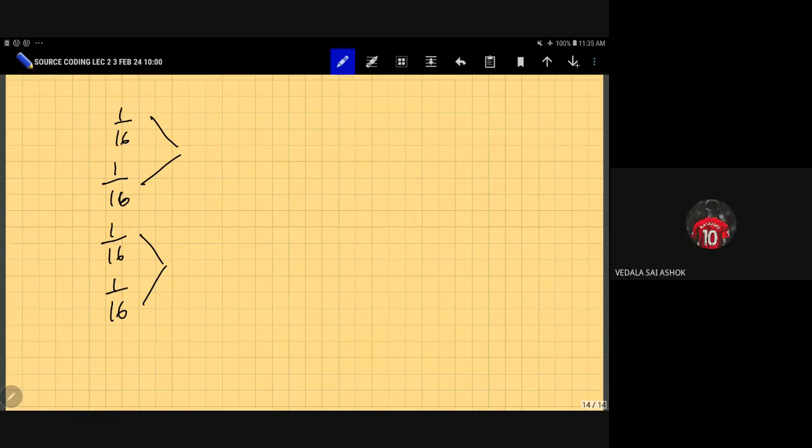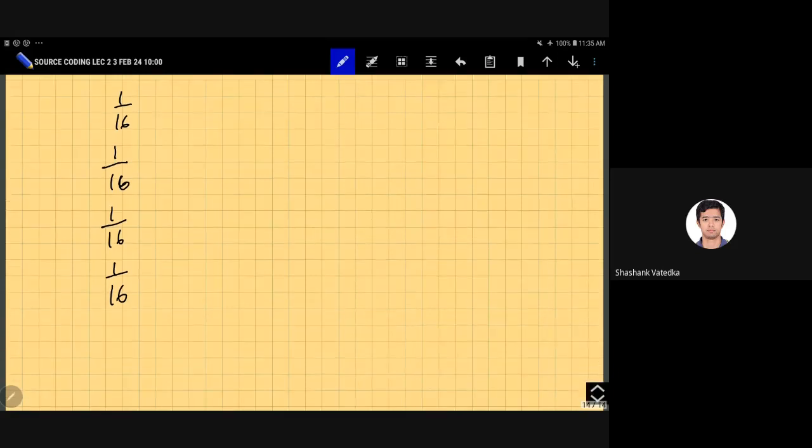Yeah, and after that, sir, we will get the super symbol 1/32. After that, do we merge the super symbol or do we merge these two? So let's see. Go back. Okay, so I have 1/16, 1/16, 1/16, 1/16, and the other probabilities? 1/4 and 1/2.